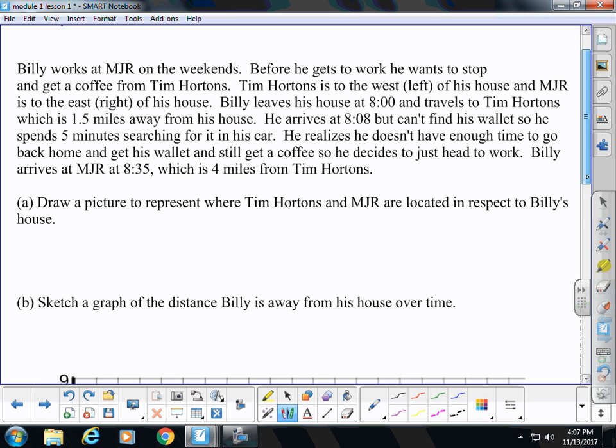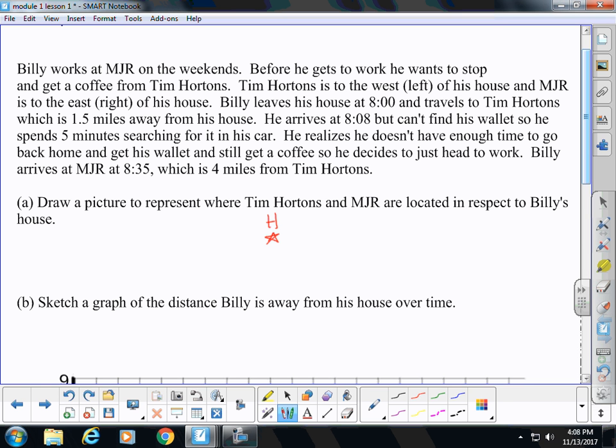Okay, so the gist of it is that, first of all, if you don't know west and east, it doesn't matter. The whole idea is that Tim Hortons is on one side of his house and MJR is on the other. So his house is in the middle of the two. So that's one thing that's different about this story and makes it harder. So yeah, his house is right here, and that's the starting point, okay?